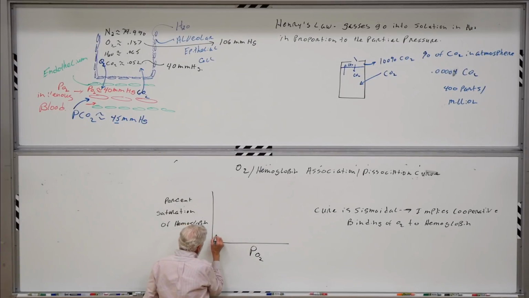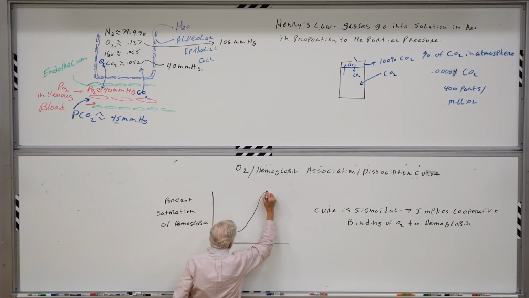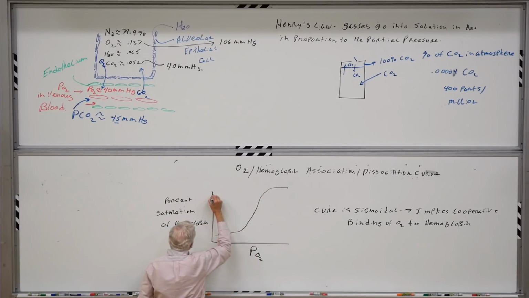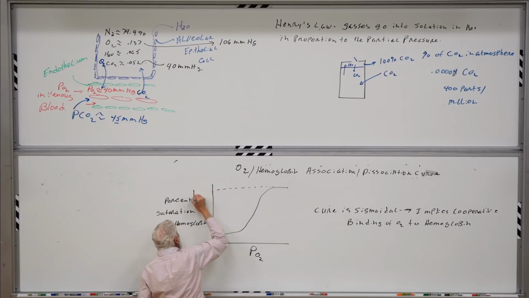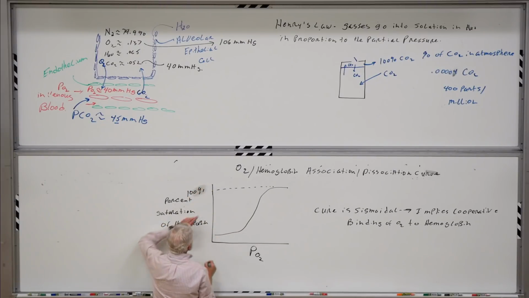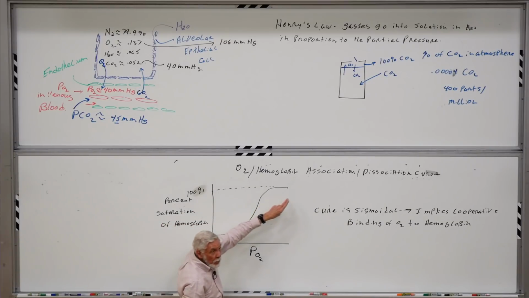So when we draw this curve, it looks a little like this. Up here, we're at 100% saturated. So we're effectively 100% saturated here.